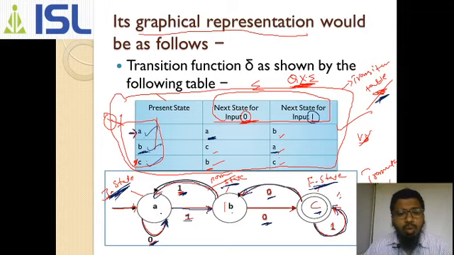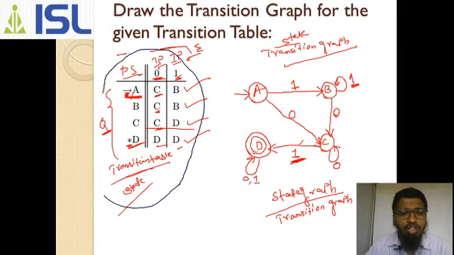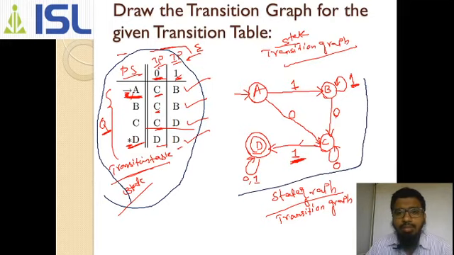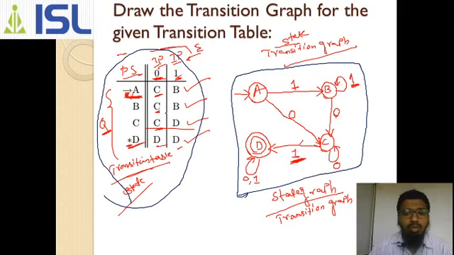Okay, so this is a last class discussion, I just did a quick review. Same thing, we took the example, we took the transition table and we drew the transition graph or state graph. With the help of this you can draw.